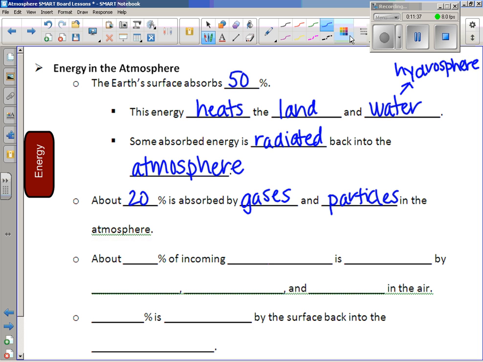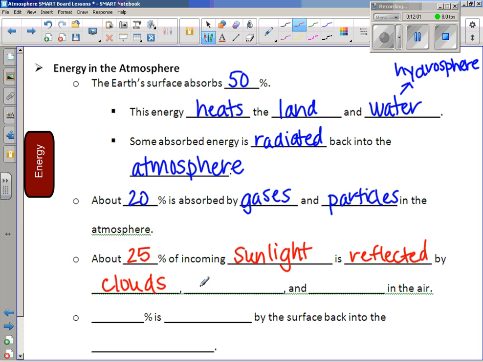About 25% of incoming sunlight is reflected by clouds, dust, and gases in the air.